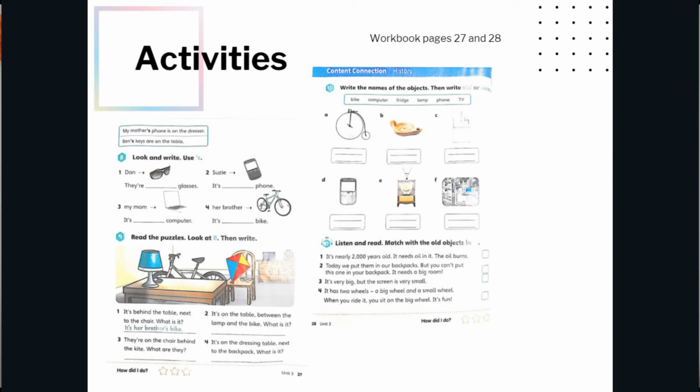1. It's nearly 2,000 years old. It needs oil in it. The oil burns. 2. Today, we put them in our backpacks. But you can't put this one in your backpack. It needs a big room. 3.